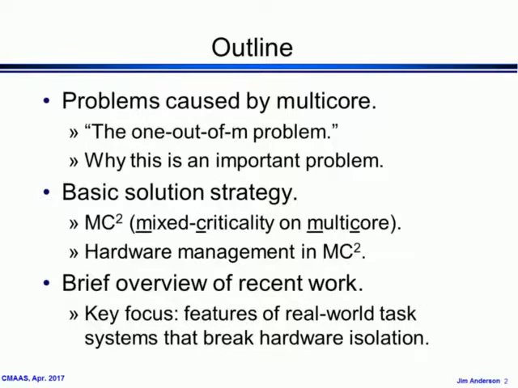Now, for a resource allocation problem to be interesting, there has to be some tension. There has to be an opposing force. What opposes us? It's capacity loss. Where does capacity loss come from? If you use execution time budgets that are too pessimistic, you have capacity loss.